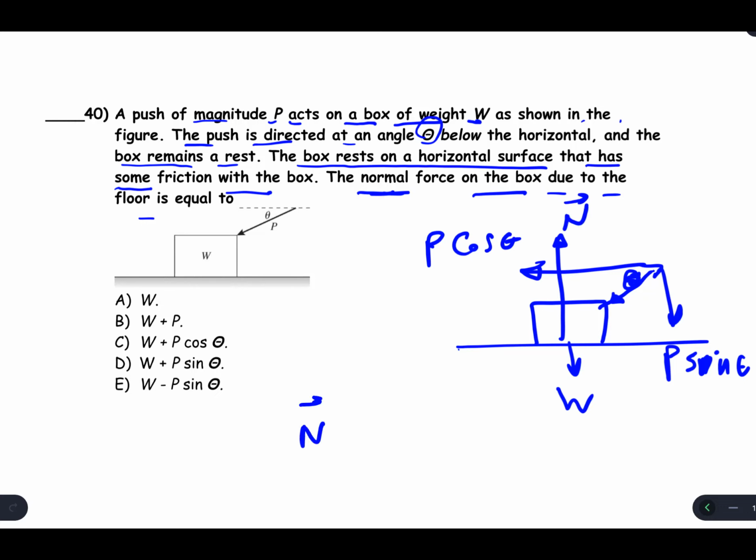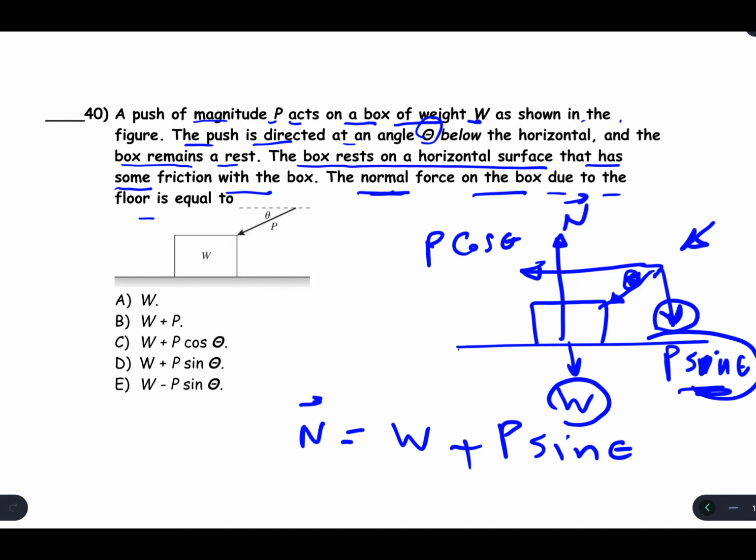So N equals W plus B sine theta, because the push force is downward. So B sine theta plus W equals the normal force. Where is this answer? Letter D. W plus B sine theta. So the answer is D.